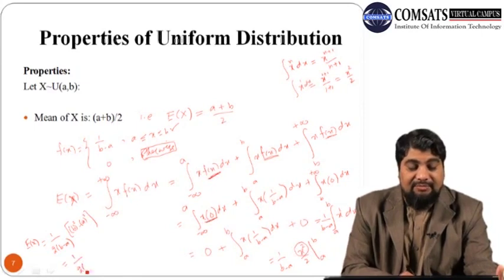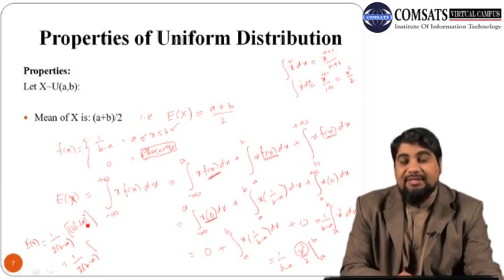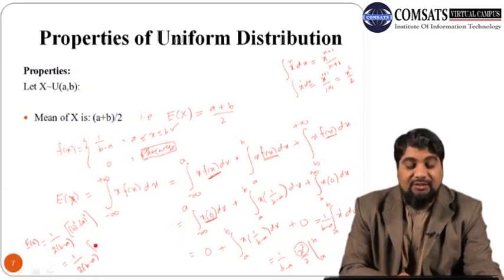In the next step, write the denominator as it is, and from basic algebra we know that b square minus a square is b minus a times b plus a.